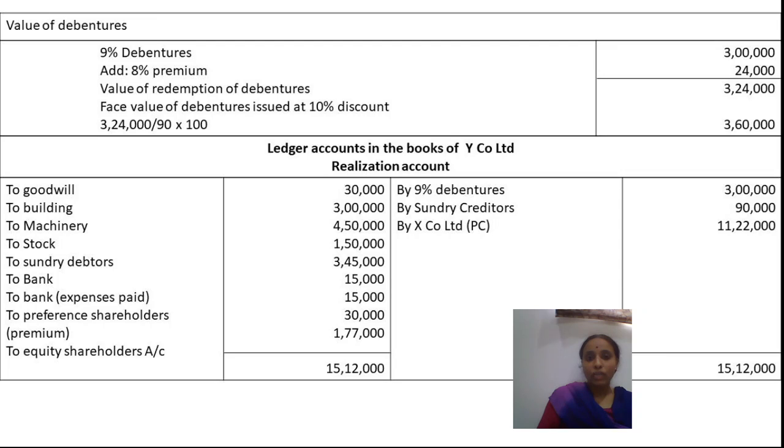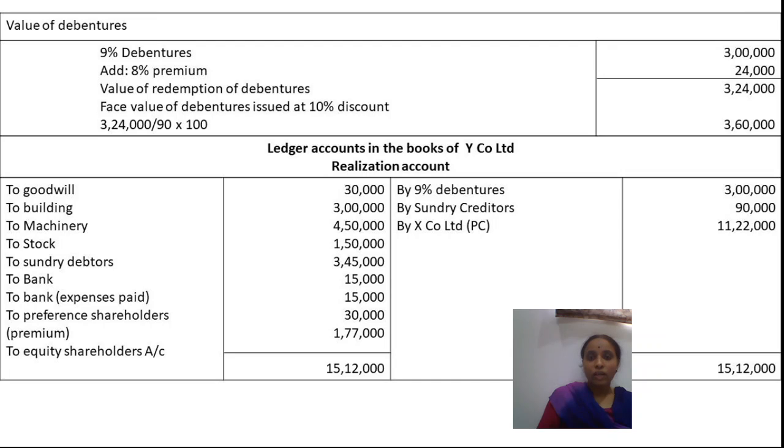So we take the other information into consideration and take the values. Then the liquidation expenses also have to be debited to the realization account, 15,000. To preference shareholders account 30,000, that is the premium amount we are going to add here. As the preference shares are paid with premium, 3 lakh plus 30,000.